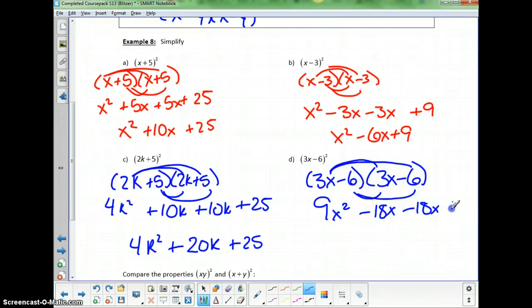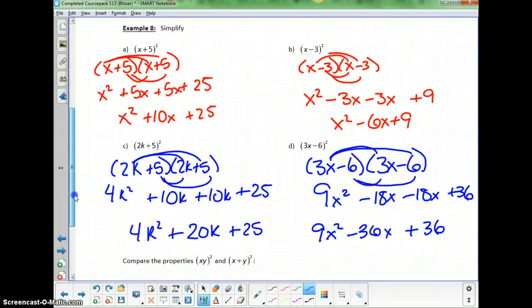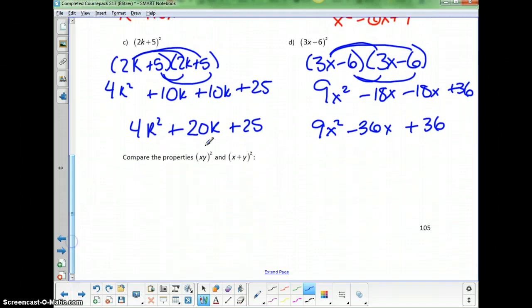And negative 6 times negative 6 is plus 36. So I've got 9x squared, and 18 plus 18 is 36, so that's going to be minus 36x plus 36.